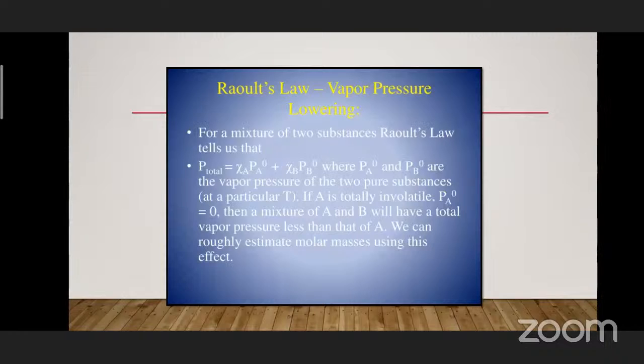So this law says that the total vapor pressure is nothing but the sum of the vapor pressures of both the components. How do we calculate the vapor pressure? It is the mole fraction of the pure substance times its pressure in the pure state.